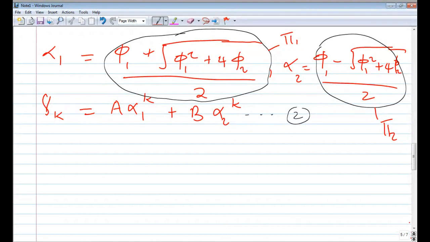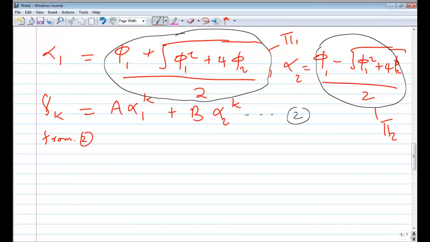You see that? Now it's pi 1. Alpha 2 now is pi 2. We are going to use them. In other words, in equation number 2, you can substitute alpha 1 by pi 1 and alpha 2 by pi 2. But we are going to do that later.